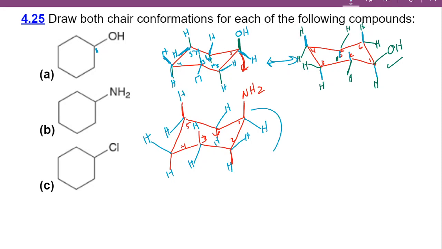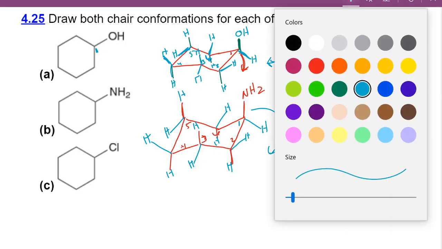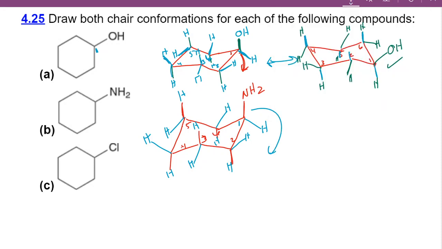Okay, so now we're going to do a ring flip. We're going to move this carbon 1 down. So now let's draw our 2 parallel lines. Okay, so we're going to ring flip this thing. And it's not a resonance structure, it's actually flipping back and forth, so really I should draw this with 2 arrows.